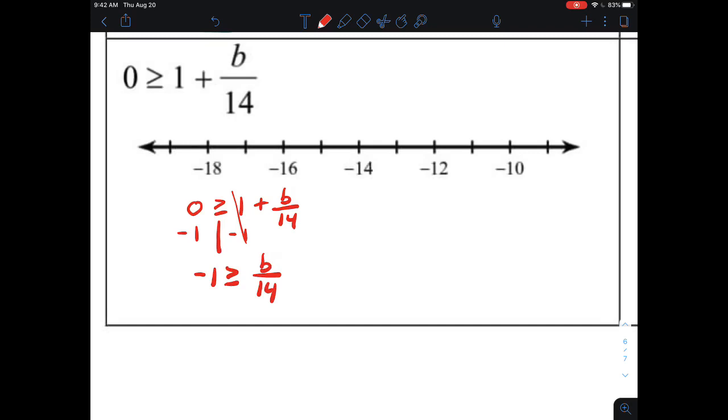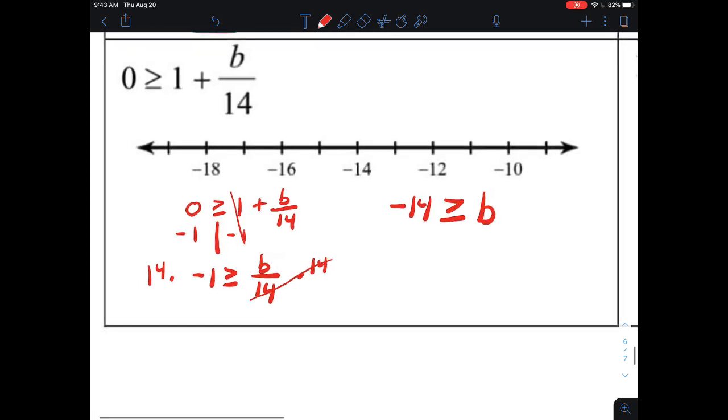Now I have to multiply by 14 because b is being divided by 14. So I got to multiply both sides by 14. That's going to give me negative 14 greater than or equal to b. Now I do not flip the inequality sign here because I multiplied by a positive number. If I would have multiplied by a negative, then I'd have to turn it.